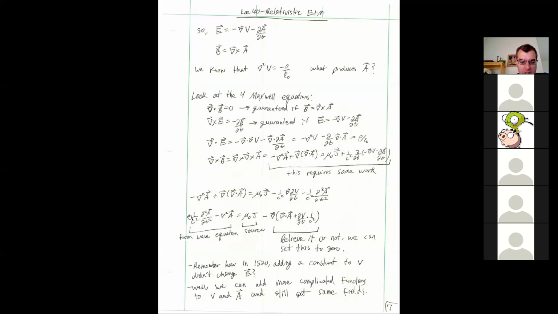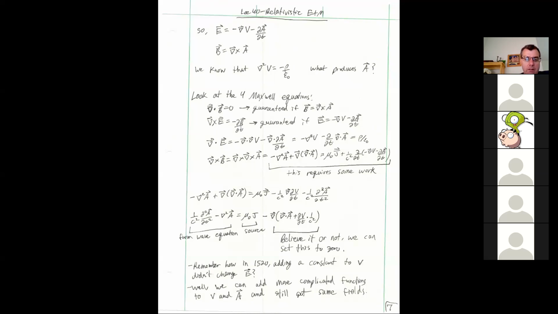We can rearrange things and we get this nice thing here: 1 over c squared times the second derivative of A with respect to time, minus the Laplacian of A, equals mu naught J. We've got a wave equation set equal to a source.